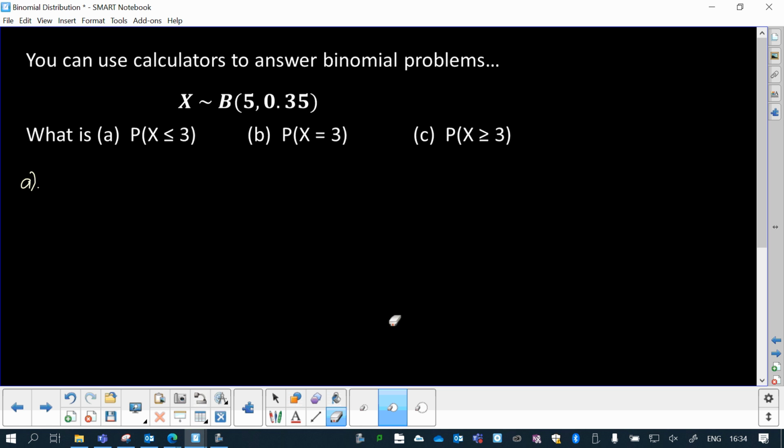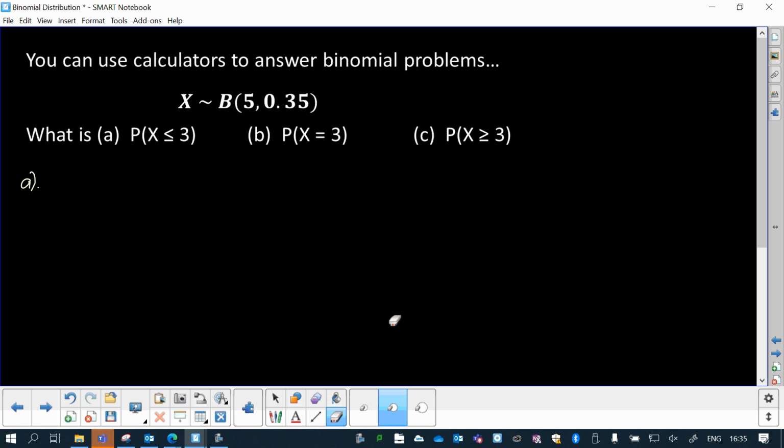Not on the ClassWiz, I'll do the ClassWiz in just a minute. And then you've got BPD, BCD, INV. Let's get into the habit of only ever really using BCD. You're never going to use INV because we don't do the inverse binomial. You can use BPD, which I'll explain when we go on to question B, but BCD, cumulative distribution.